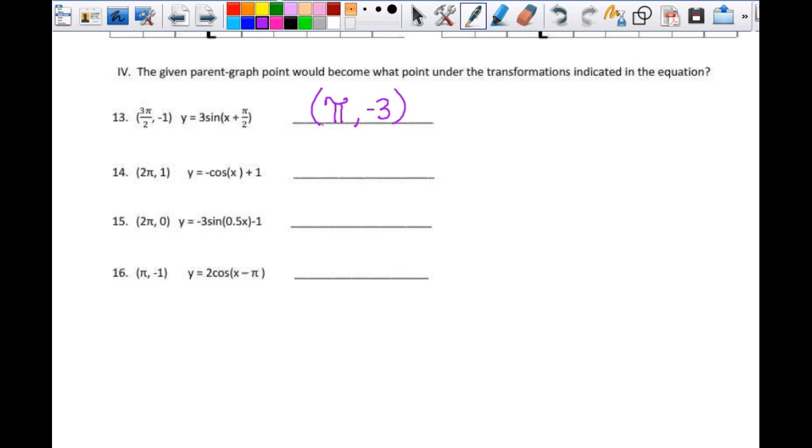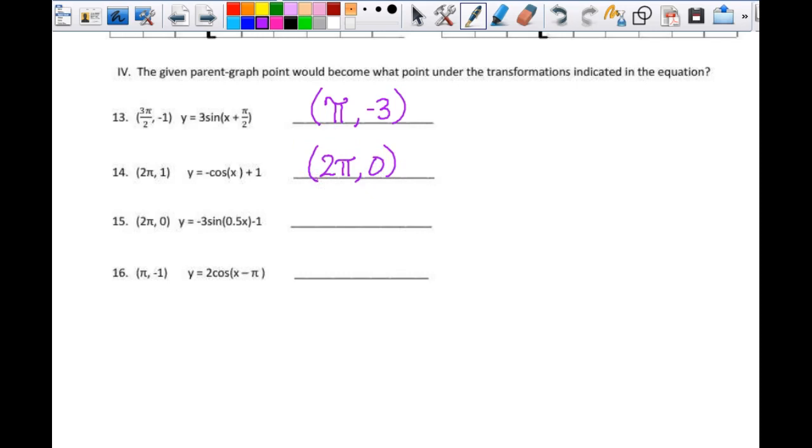Then I look at what's happening to my x value when I use 2 pi. Well, there isn't anything. There's not a b or a c there, so 2 pi remains 2 pi. But my y value gets multiplied by negative 1 because there's a reflection, and then I add 1, so negative 1 plus 1 is 0.